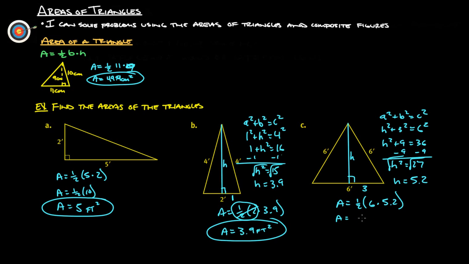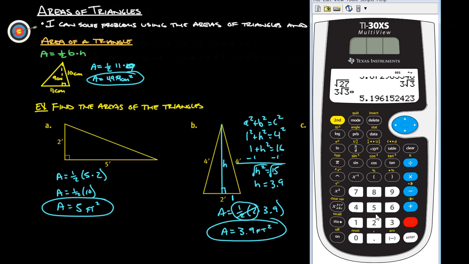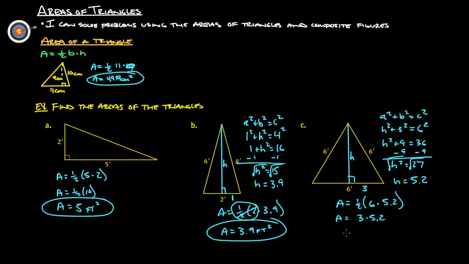Half of 6 is 3, so the area is going to be 3 times 5.2. Let's bring our calculator up and make our life easy. 3 times 5.2 gives us 15.6. So the area is 15.6 feet squared.